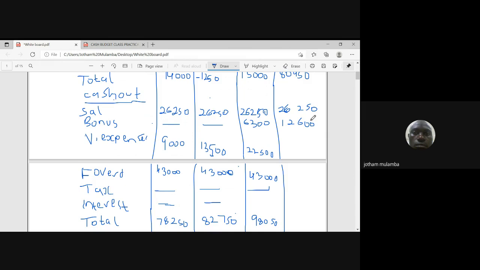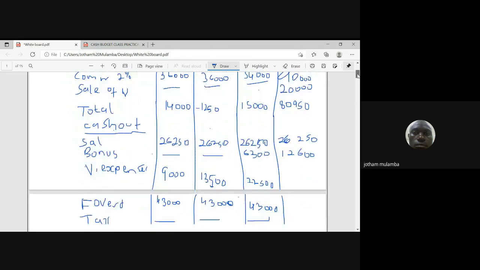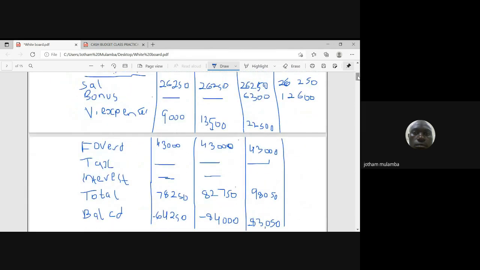And then variable expenses is 0.5% times our sales for the month, which was 5,400,000. So 0.5% times 5,400,000 is $27,000.